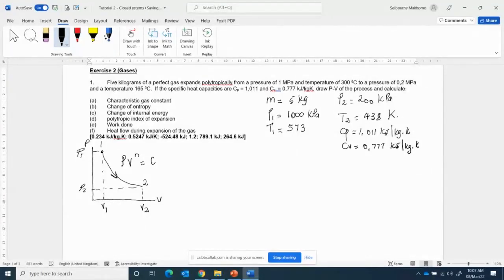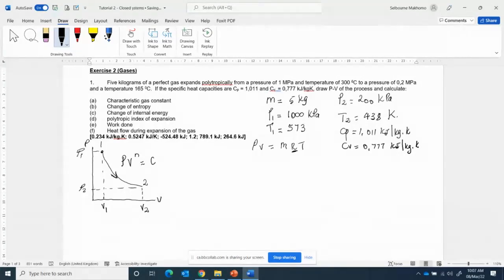The question says draw a PV diagram of the process and calculate the following. The first one is to calculate the characteristic gas constant. What is a characteristic gas constant? From PV is equal to mRT, R is the characteristic gas constant. That's what the question is asking for.